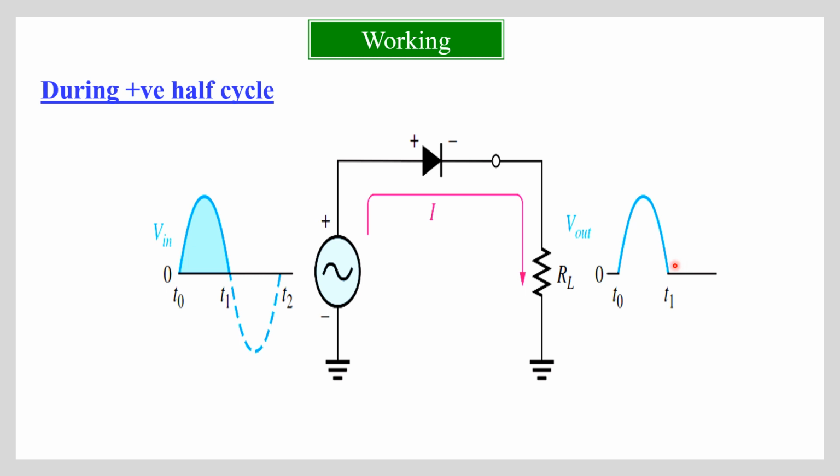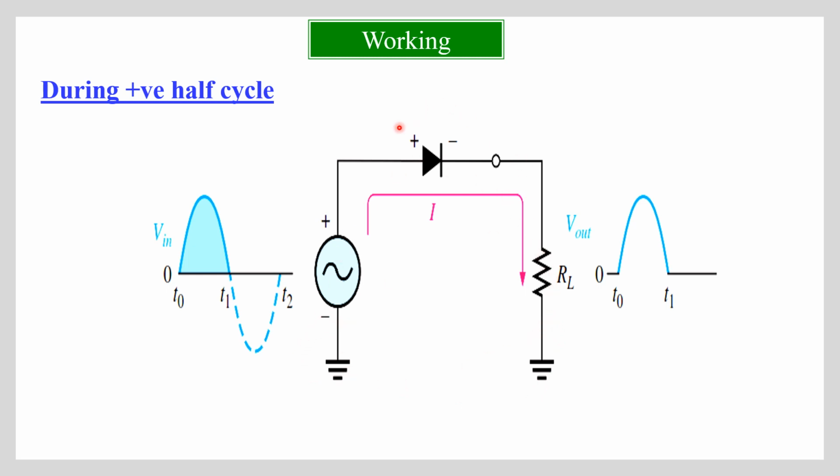So during the positive half cycle, the output resembles the positive half of the input, and the current path is through the ground and back to the source, so the circuit is completed.